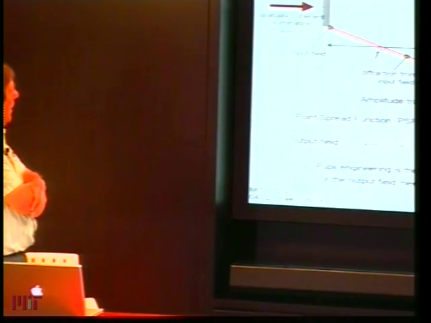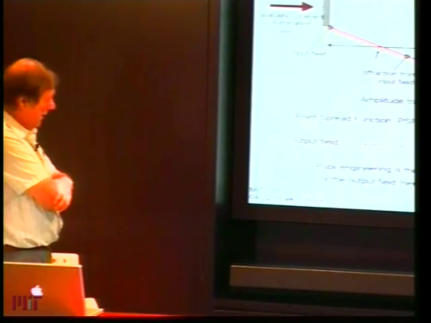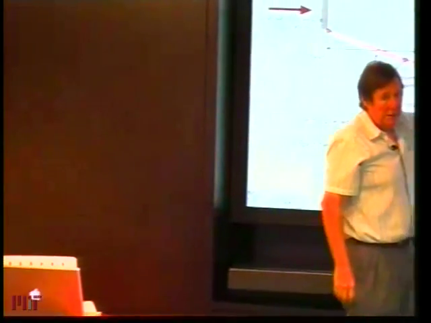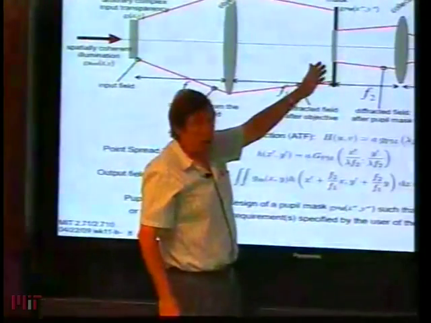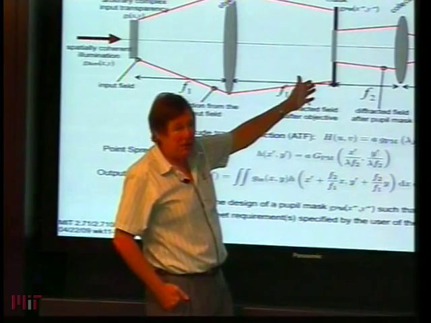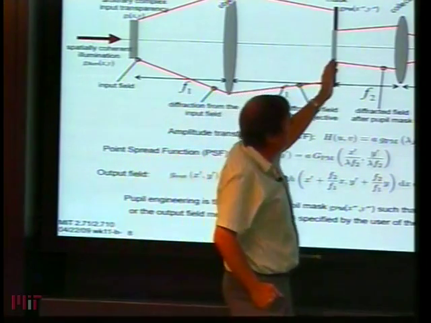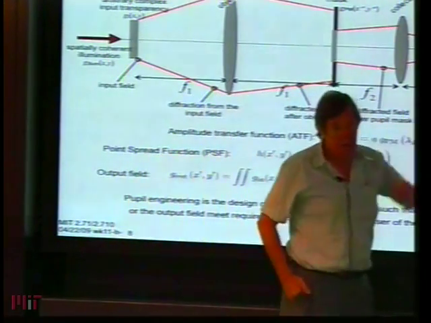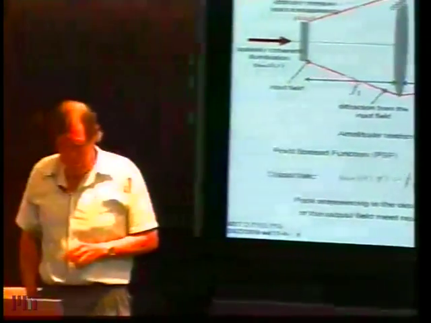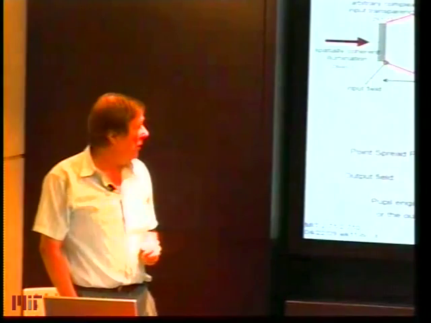This is just pointing out then, we said that you put a mask in here, and that mask produces a certain transfer function, amplitude transfer function, and the Fourier transform of that gives the pupil function. And we've shown a couple of examples of what this pupil function looks like and what the image would look like.